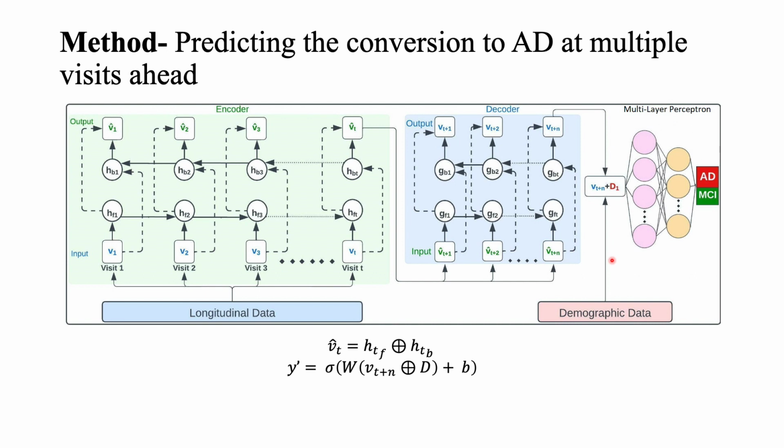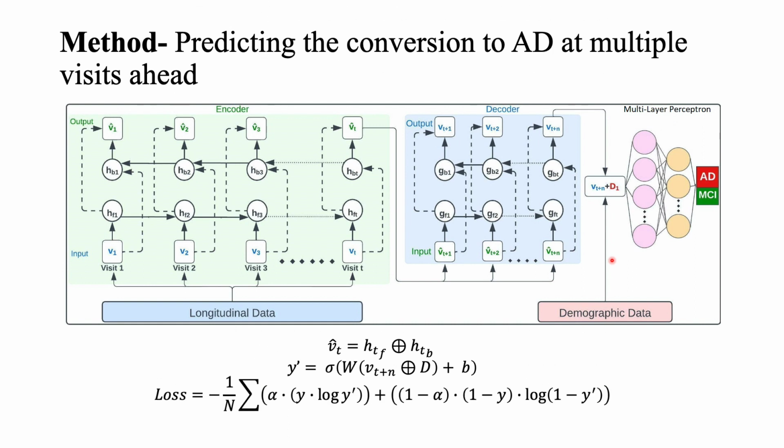To give more weight to predicting conversion to Alzheimer's disease cases, all parameters for both the bidirectional GRU and multi-layer perceptron are updated in an integral way using a modified binary cross entropy as a loss function. This is the loss function.